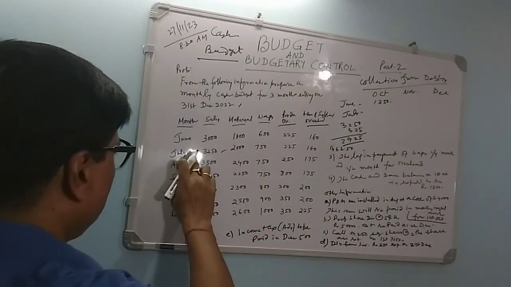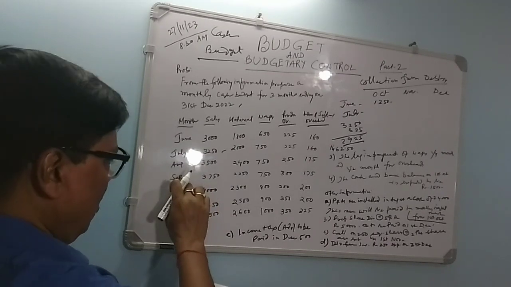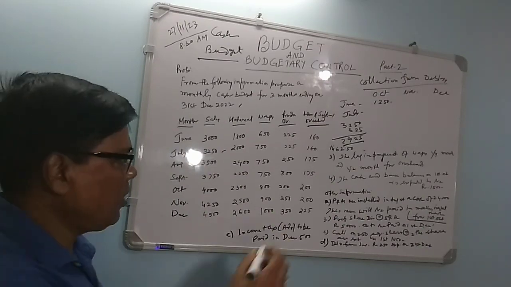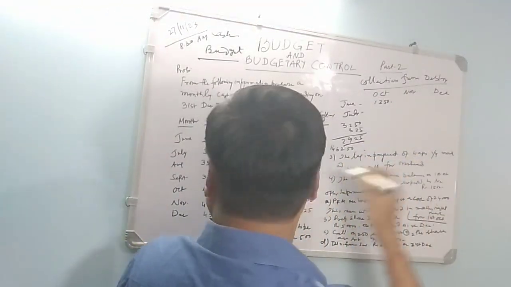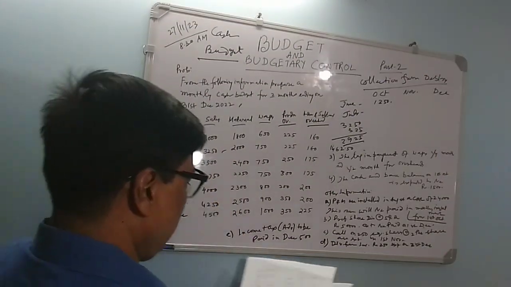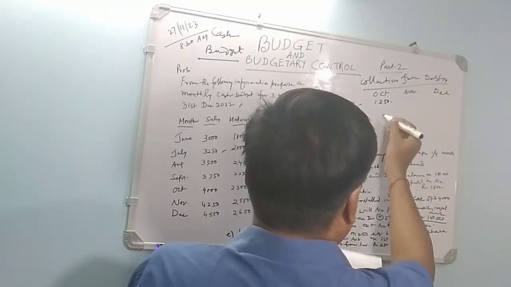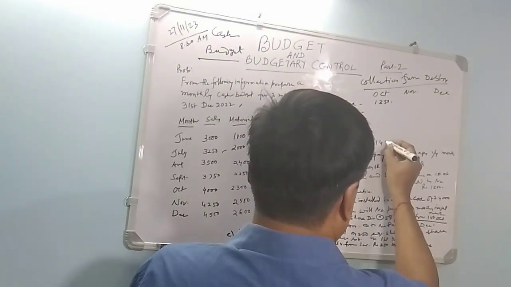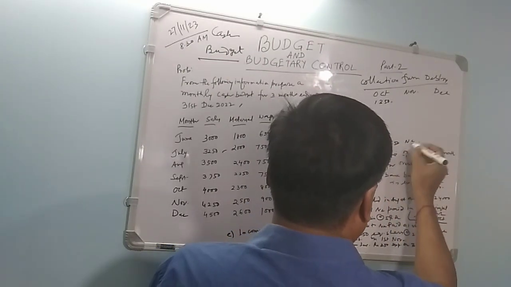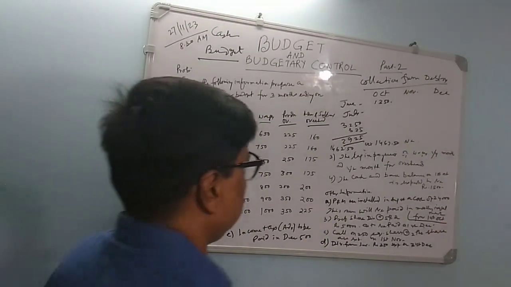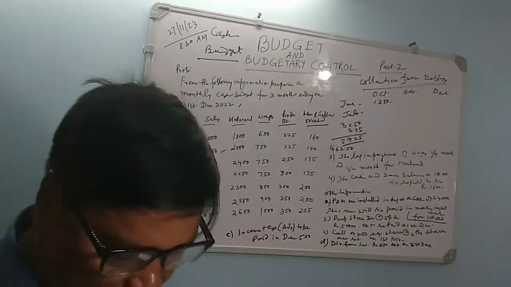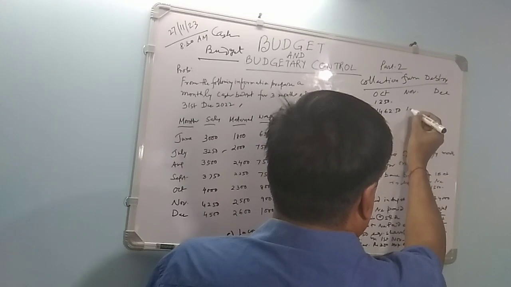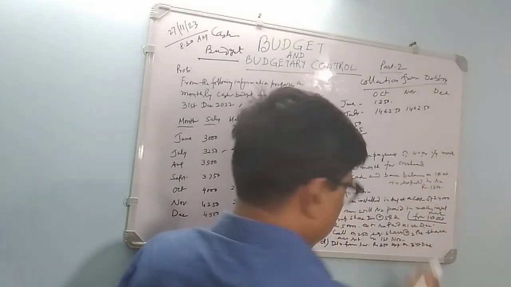So for July, one portion will come in October and the other in November, because July's first due is October. So October 1462.50 and November 1462.50.